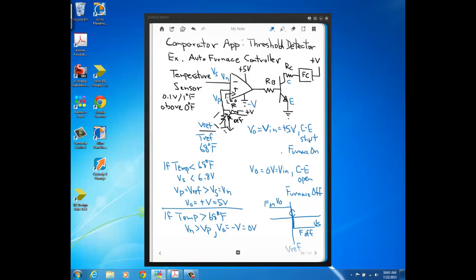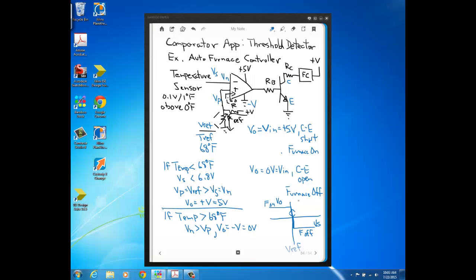You can actually damage the furnace. So in an application like this, the instability point at V0 is not desirable. And in the next video we're going to talk about a circuit called a Schmitt trigger that you can use to alleviate this problem.